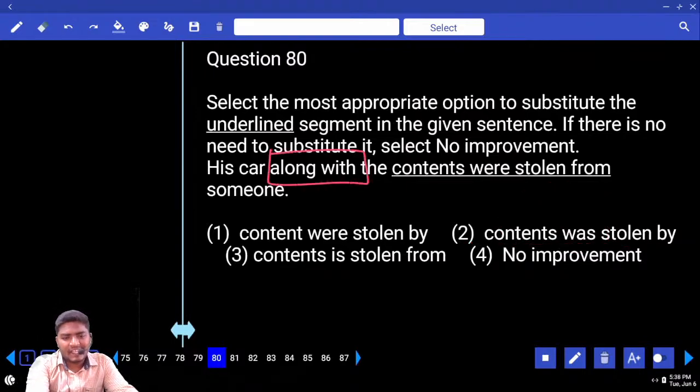Underline the phrase along with. Write down some more.